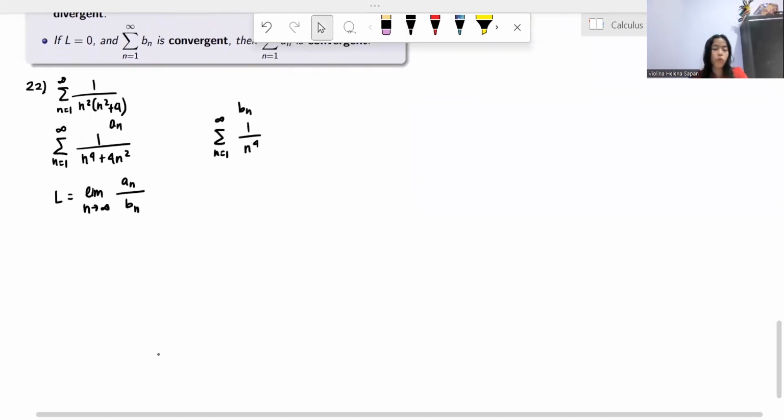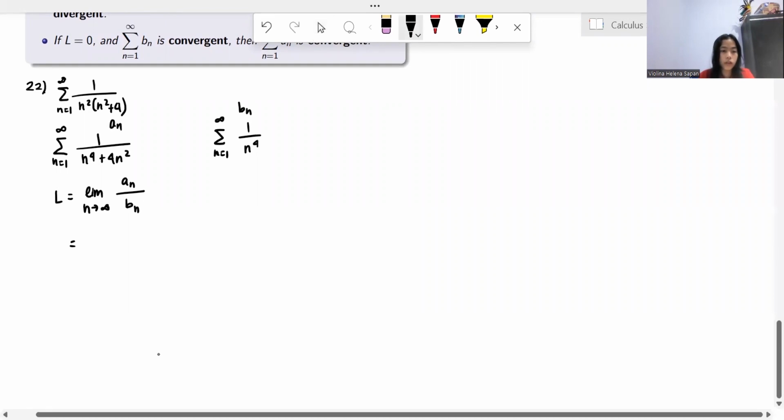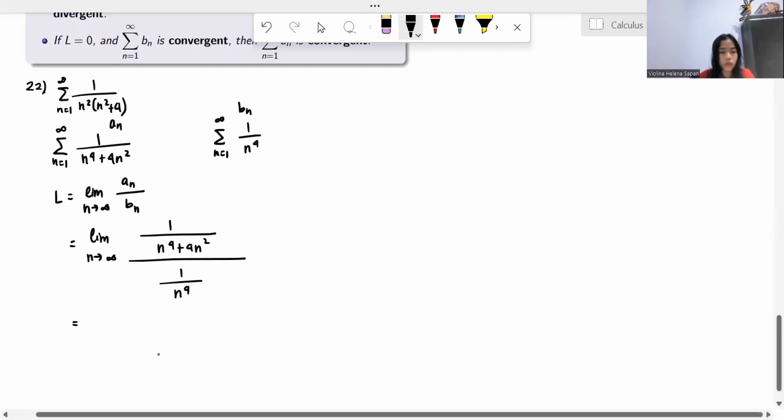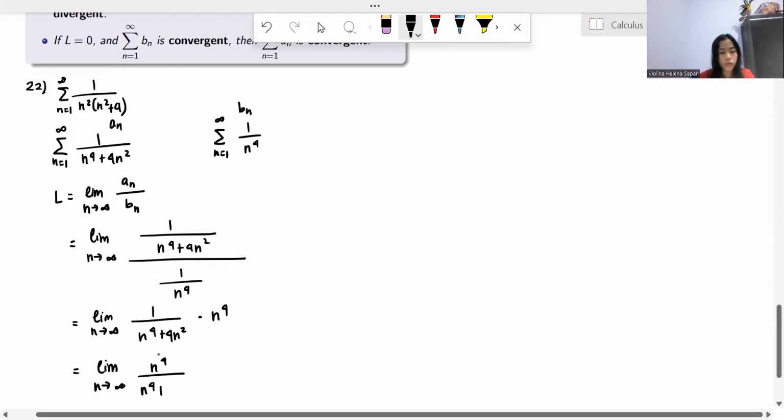Okay. Next, I'm going to do this calculation of L. So limit as n goes to infinity. Okay. So I'm going to execute flipping and multiplying. And we'll get n to the fourth over n to the fourth plus 4 times n squared.